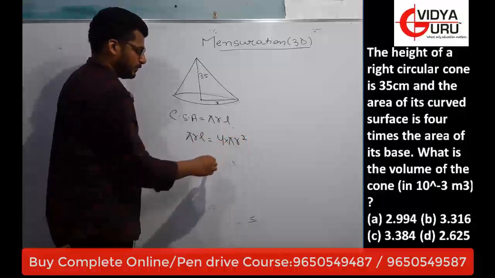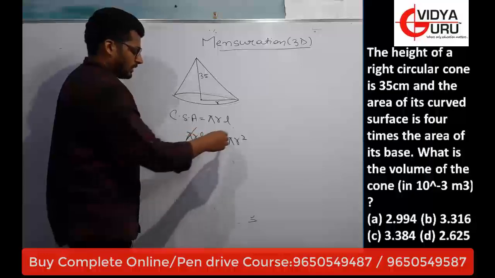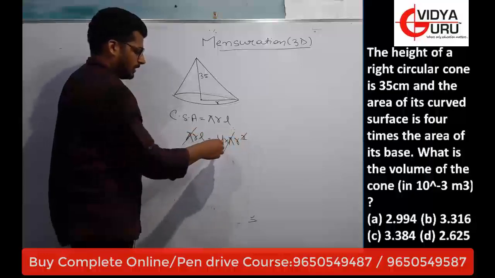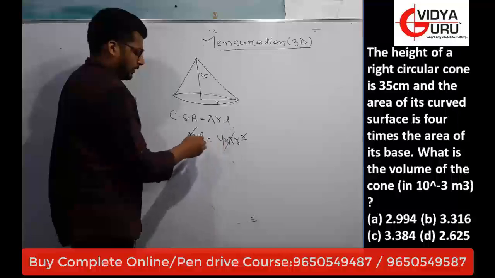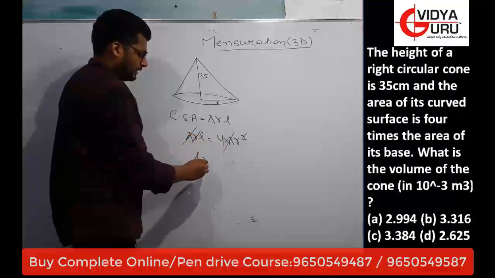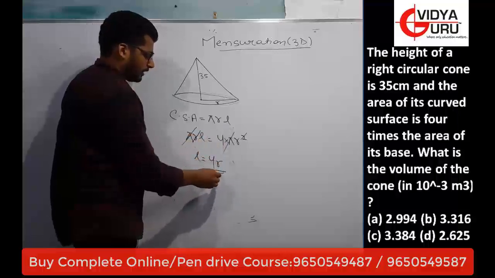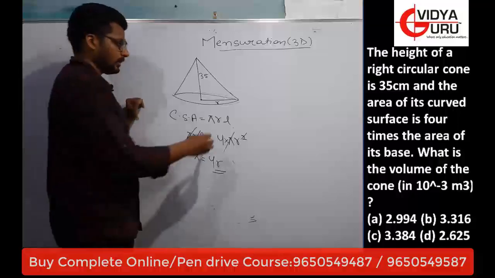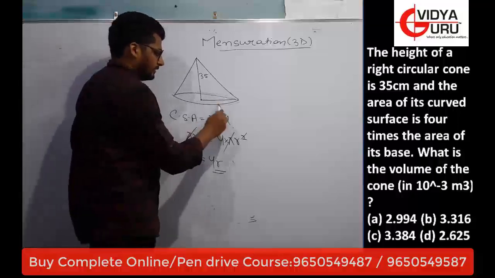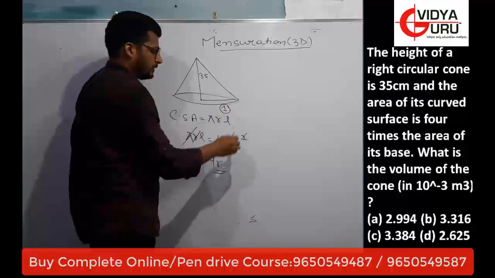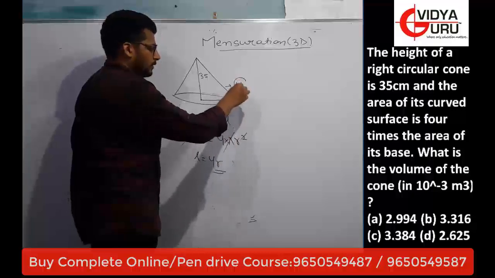So we can get a relation from here. Pi will be cancelled and one r will be cancelled, and l is equal to 4r. That means if r is 1, then l will be 4.